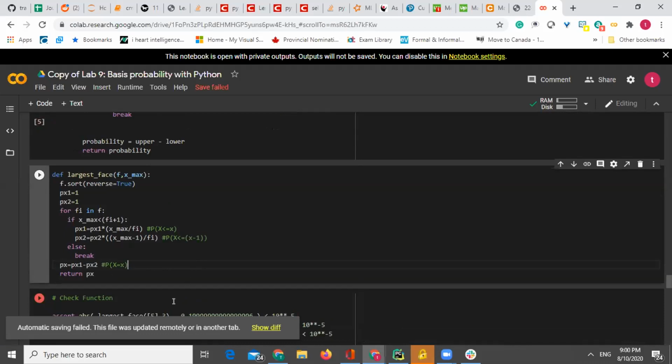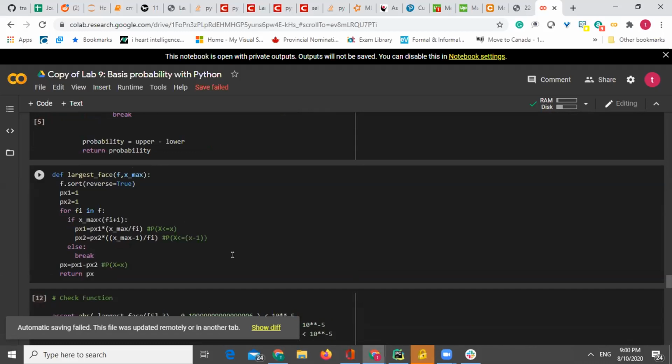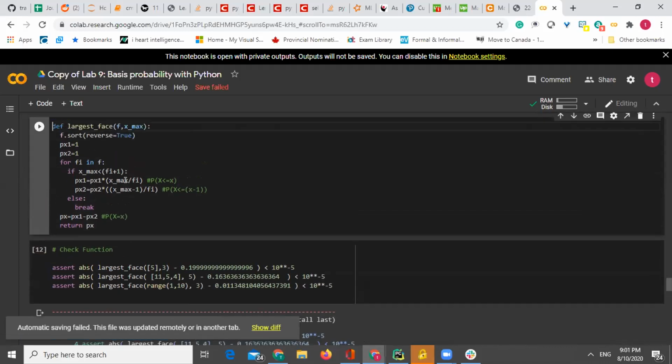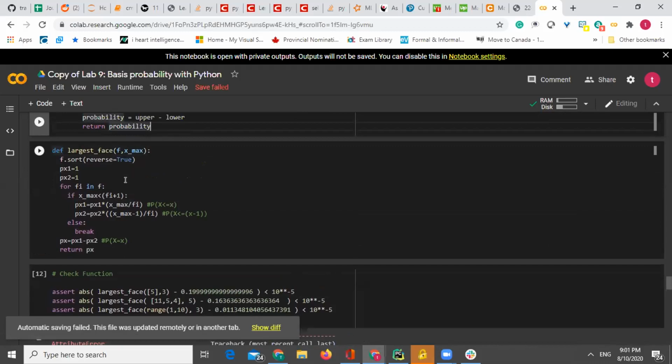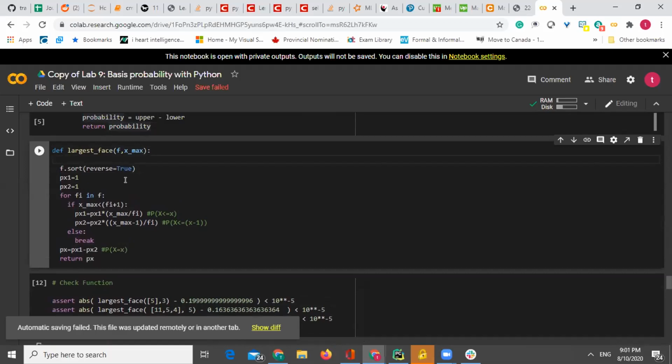Yeah, it is a range. So the first thing we should do is to be sure that we got a list. So before that, add a line. At the first line of the function, write f equals list of f. Add an empty line. Yeah, f equals list of f.